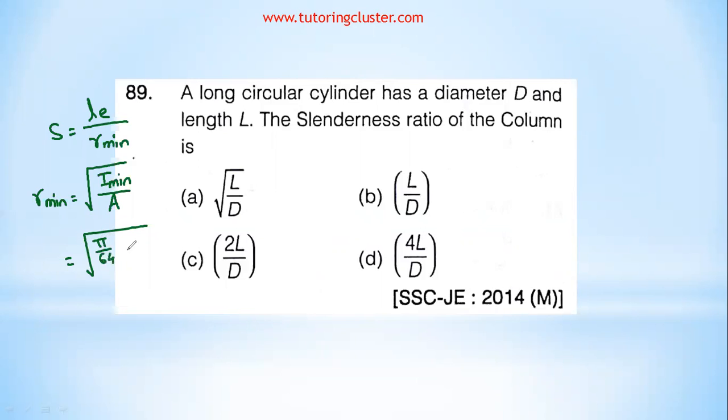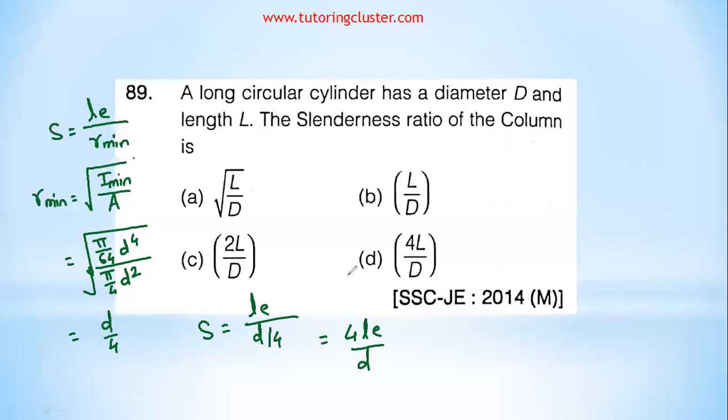Pi by 64 d to the power 4, upon area, which is pi by 4 d square. So what will be r minimum? It will be d by 4. So what is slenderness ratio? L_E upon d by 4, which is equal to 4 L_E upon d.